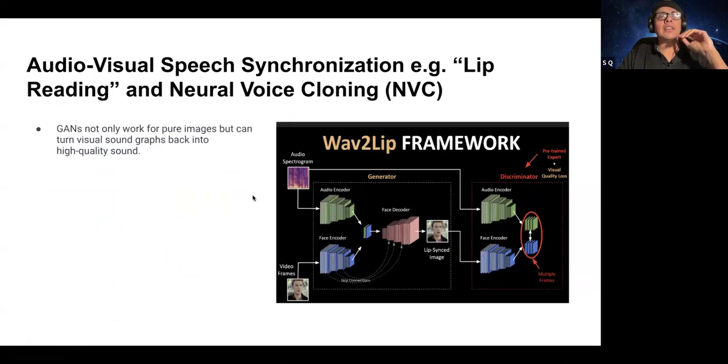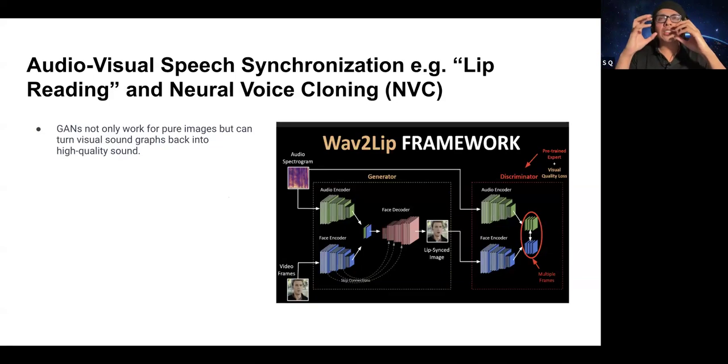Besides GAN face stuff, like visual stuff, we also have voice stuff. GANs are good at working with any kind of data and creating synthetic data outputs. There's a framework called Wave to Lip, which takes a wave file, some voice file, and converts it to the person's lip output.